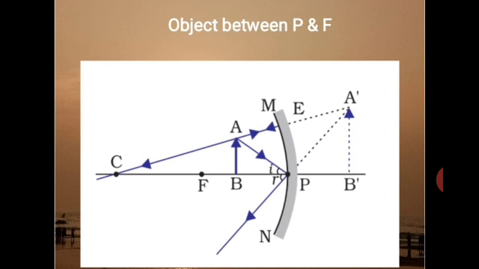Also, you cannot take this image on the screen. Thus, this image is virtual. So, the nature of the image formed when the object is placed between P and F in case of a concave mirror is virtual, erect and magnified.